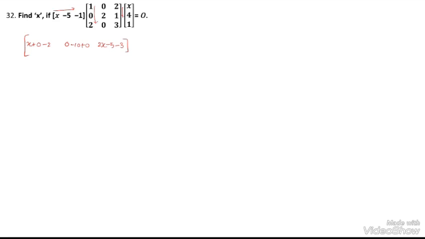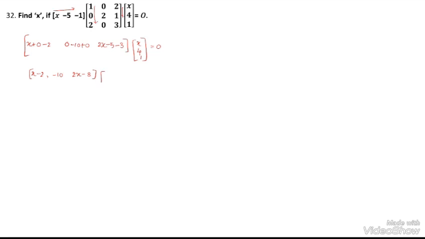There is a multiplication by x, 4, 5 is equal to 0. First taking the row with the column, you will get the result: x minus 2 matrix. Then minus 10. Here 2x minus 8.